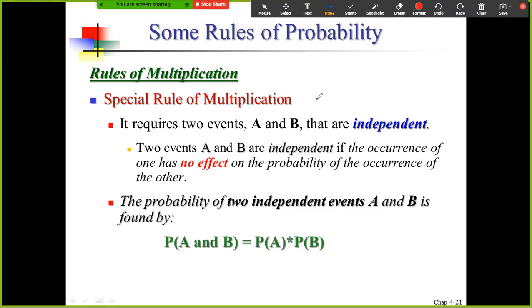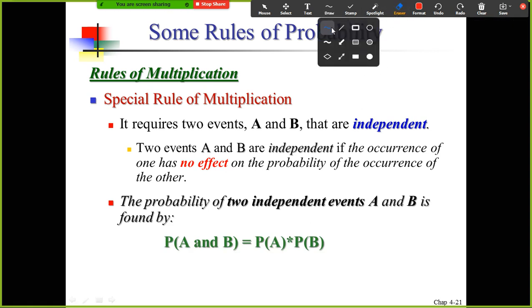When we studied the rule of addition, it was add. But now we are studying the rule of multiplication, that's why this is multiply. So the probability of A and B equals the probability of A multiplied by the probability of B.